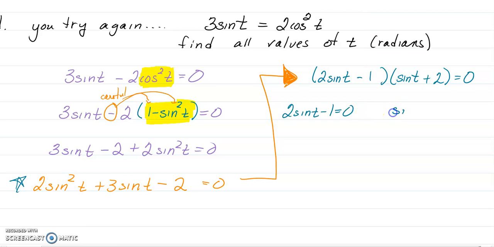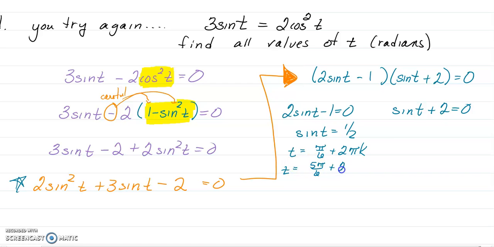Setting each of our factors equal to 0. We know that sine t can equal 1/2. We know that that will happen twice in a revolution. We know that it will be in quadrant 1 at pi over 6, and then we're going to add plus 2 pi k. And we know that will happen in quadrant 2 at 5 pi over 6 plus 2 pi k.